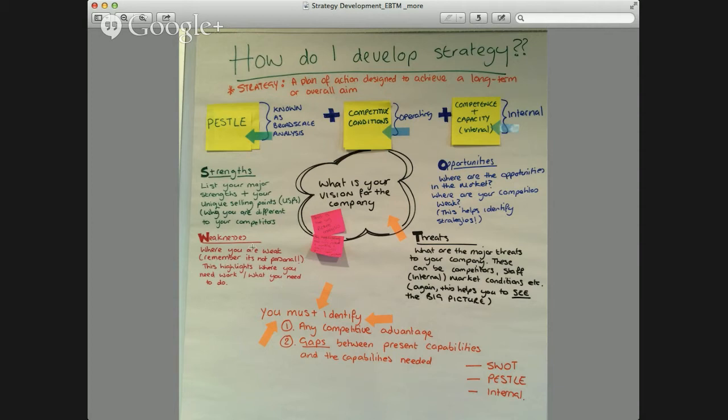Just to highlight then, I want you to take away these key points. One is have a look at your PESTLE analysis. This is your broad scale analysis, looking at the things that could affect your business. This is really important to get down so you see the bigger picture. The next one is your internal review.